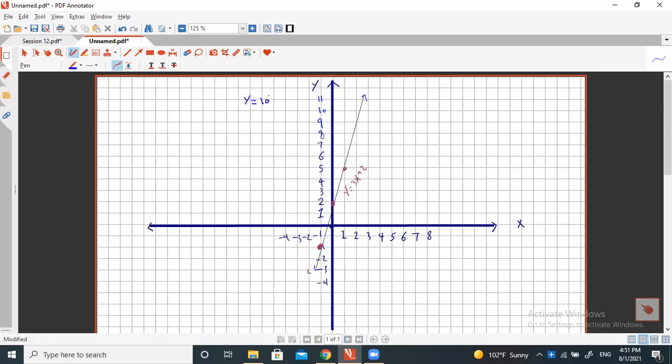Let's see where the y is. Y is always 10, yes? Y is always 10. So here it is a constant function, and a constant function we represent by a line, something like this.